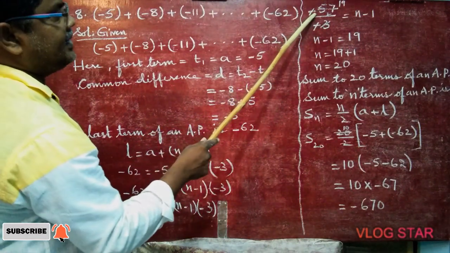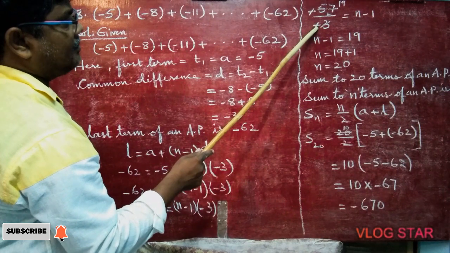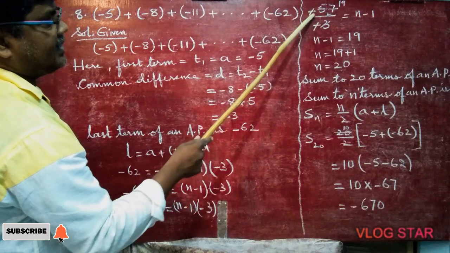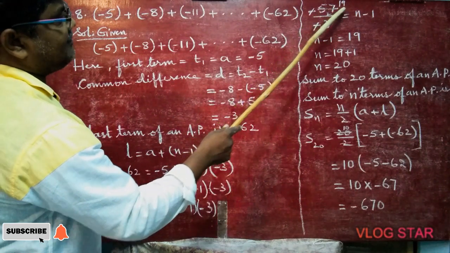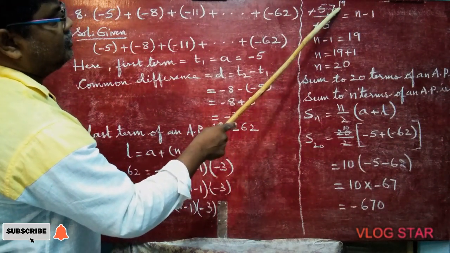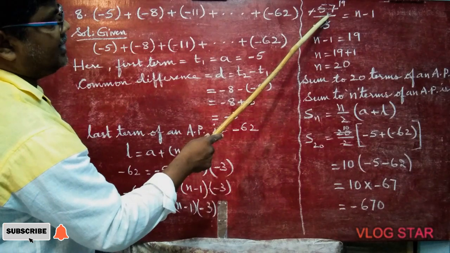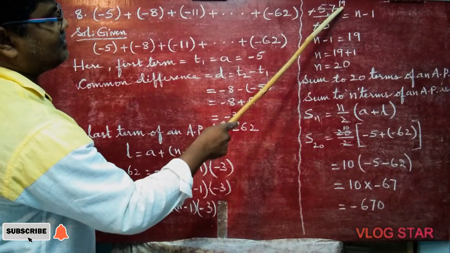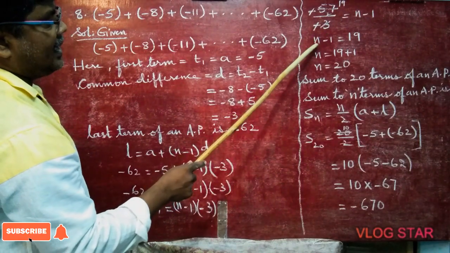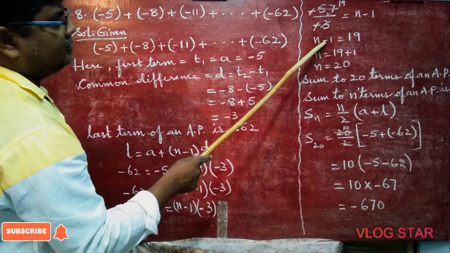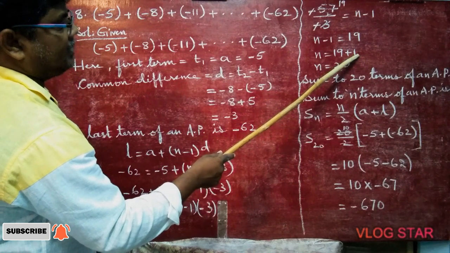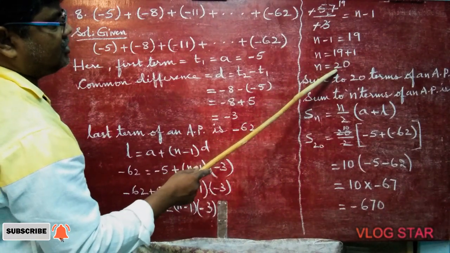So minus 57 by minus 3. First cancel minus minus. 3 goes in 57 19 times. 3 1s are 3, 2 remaining, 27, 3 9s are 27. So N minus 1 is equal to 19. Minus 1 goes to that side, plus 1. So N is equal to 20.